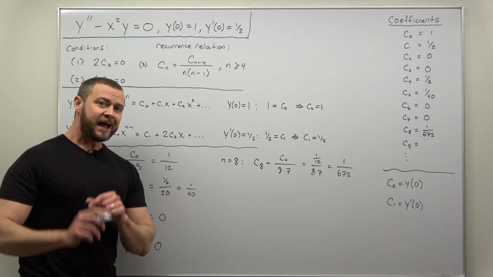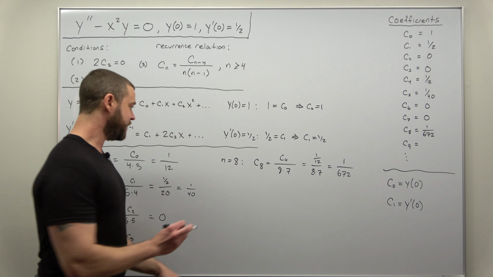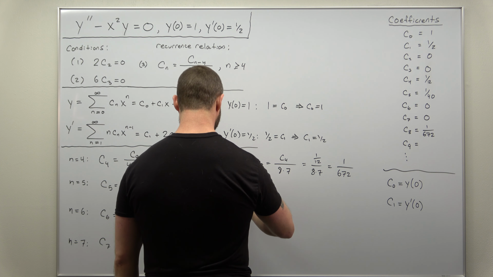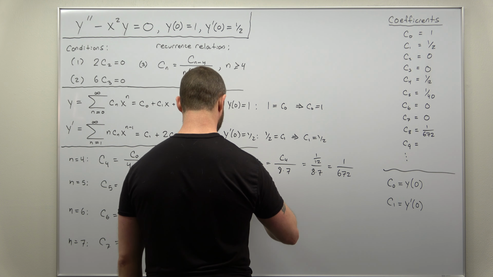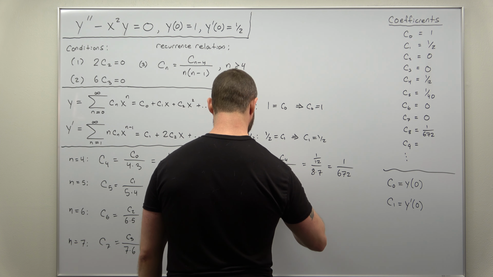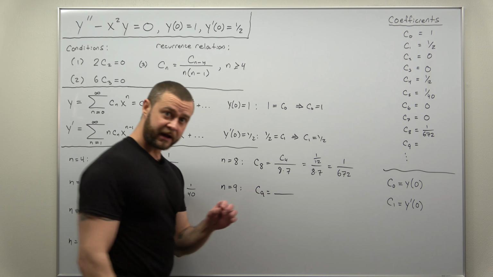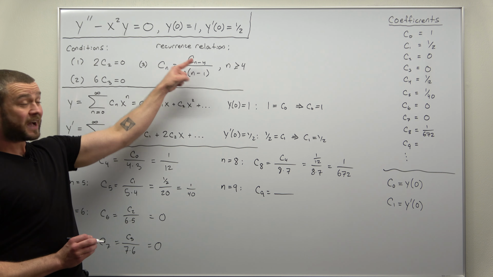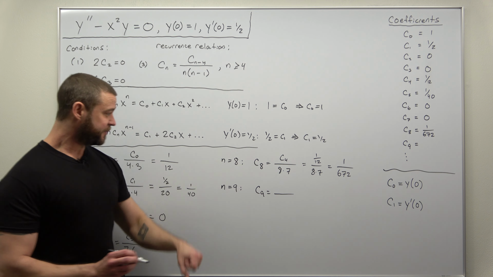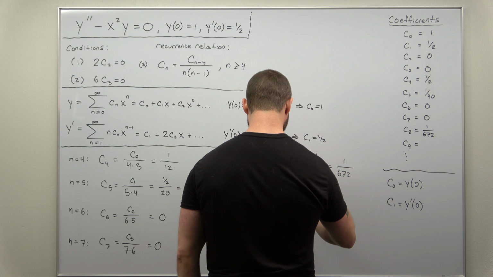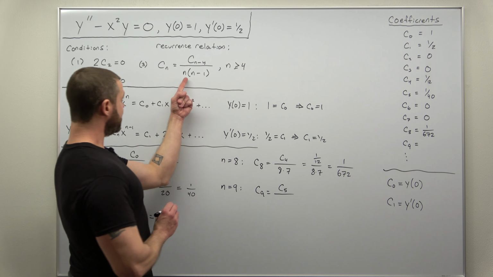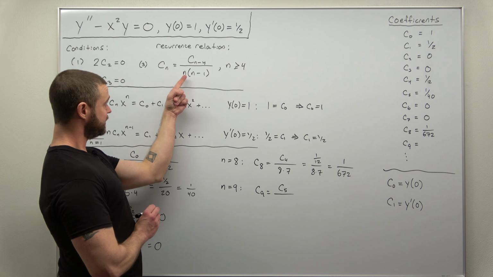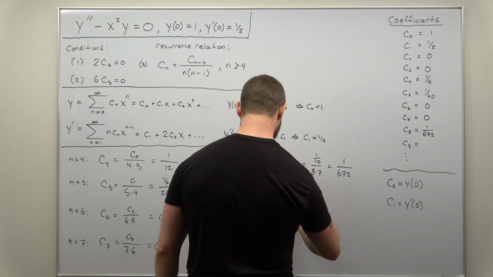And let's go to one last coefficient value, c sub 9. And again, just be careful with your subscripts. We now have, for our subscript, 9 minus 4, so c sub 5. And then in your denominator, we're going to have 9 times 8.